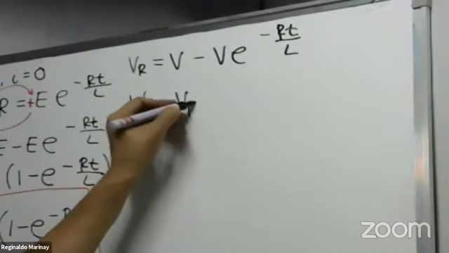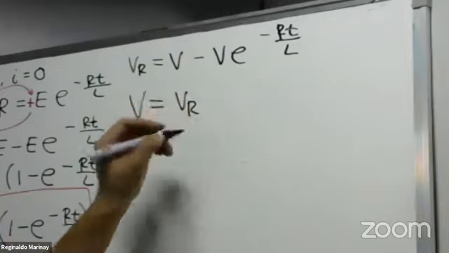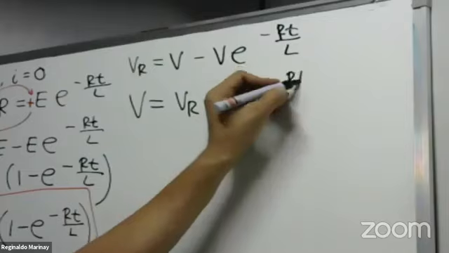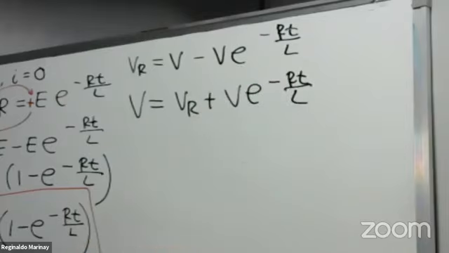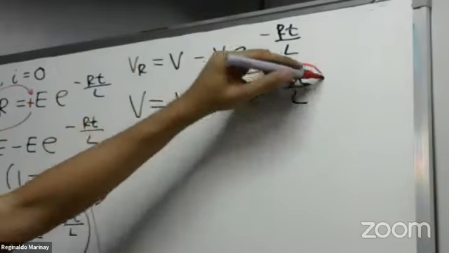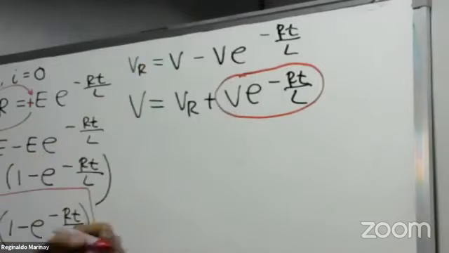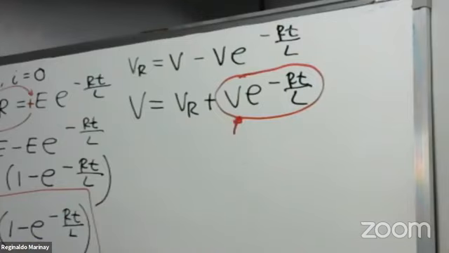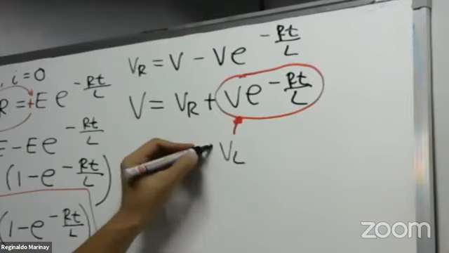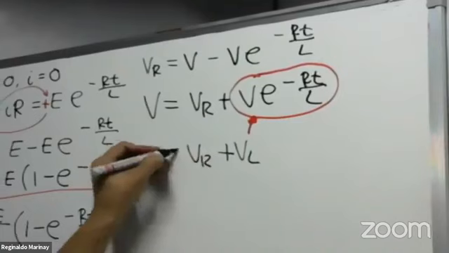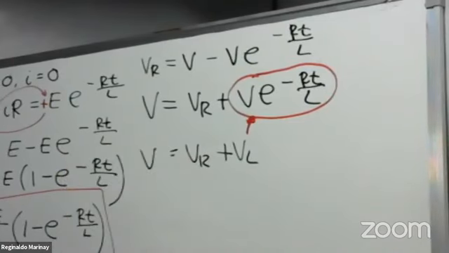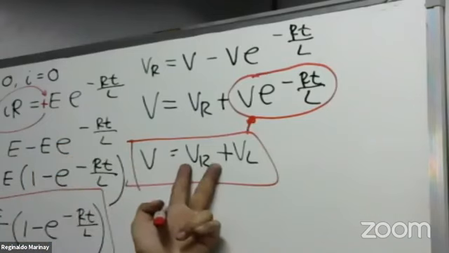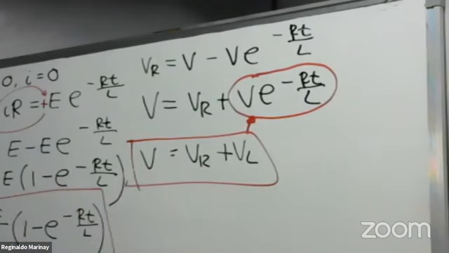Negative will become positive. So, V E raised to negative Rt over L. But who is this? That is simply our VL. This is the total voltage. So, therefore, our VR plus VL is equal to total voltage V.